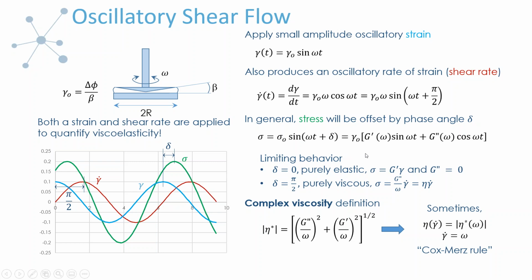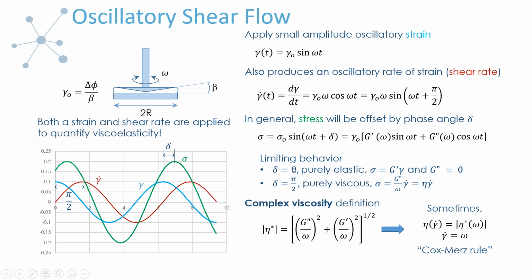You can sort of see the limiting behavior here. You can actually do oscillatory flow measurements on something that's purely elastic or something that is a Newtonian fluid, and you'll be able to measure data. It will work on both extremes, right? So what are these limits, just so you can understand a little better.